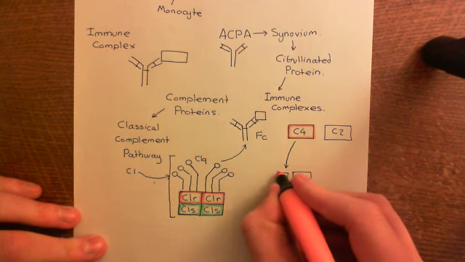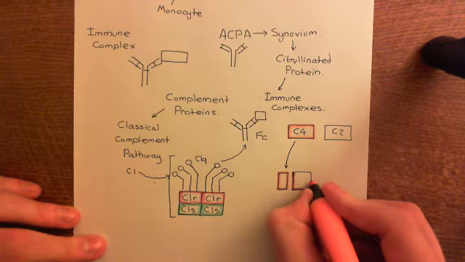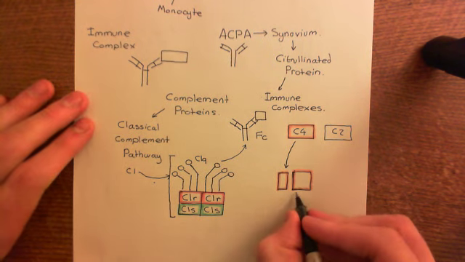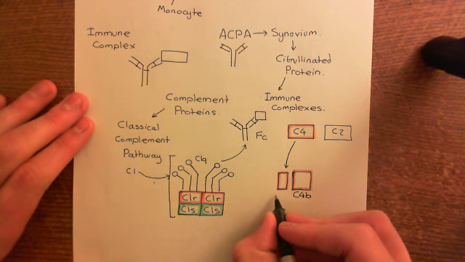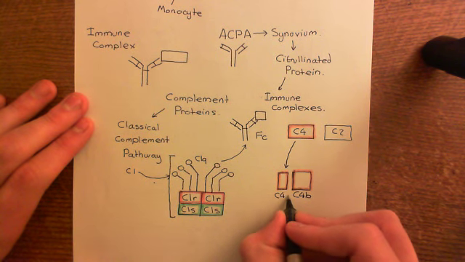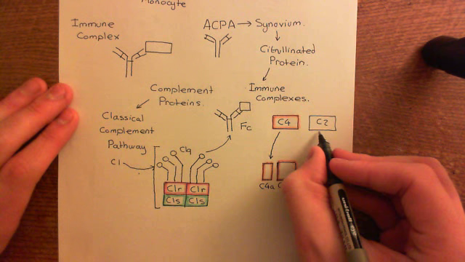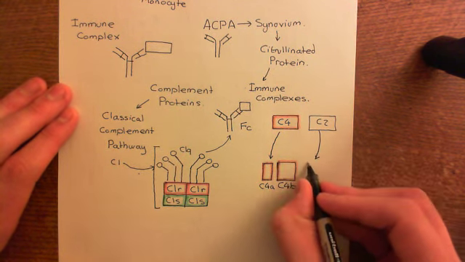Here is a small fragment of C4 known as C4A, and here is a big fragment of C4 known as C4B. Okay, and then what can also happen is you can break down C2 into two fragments as well.